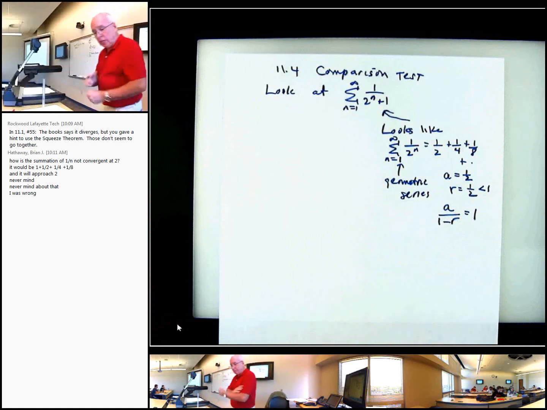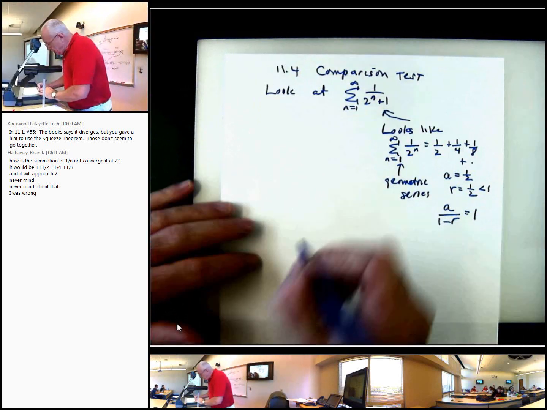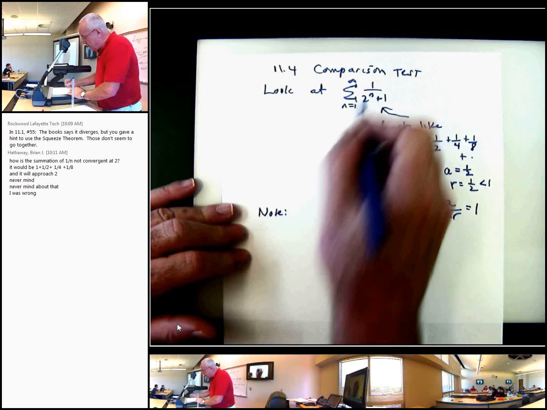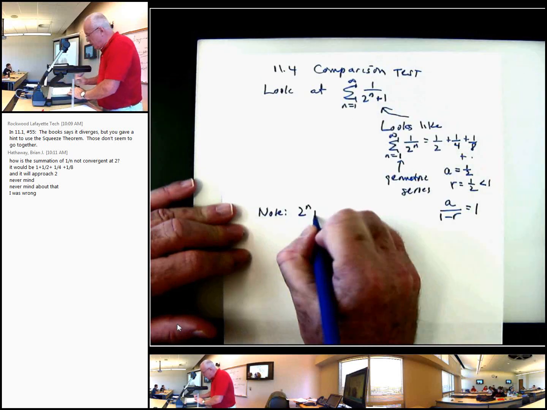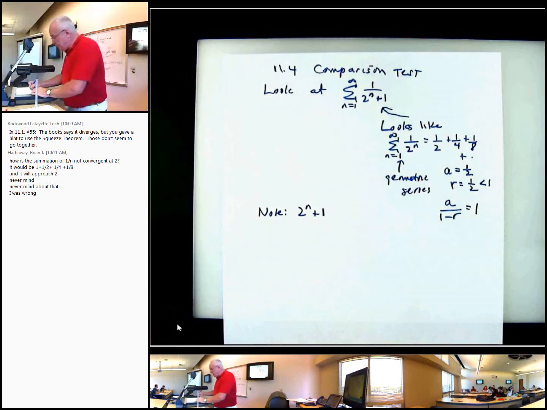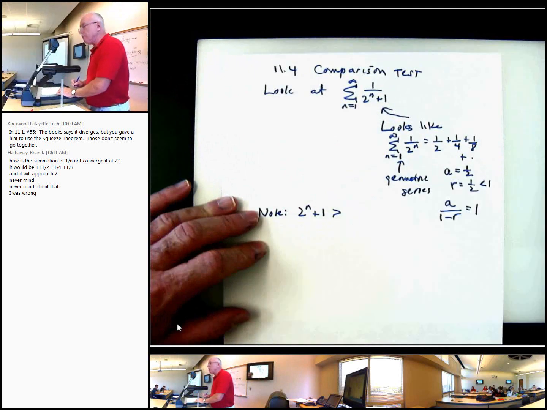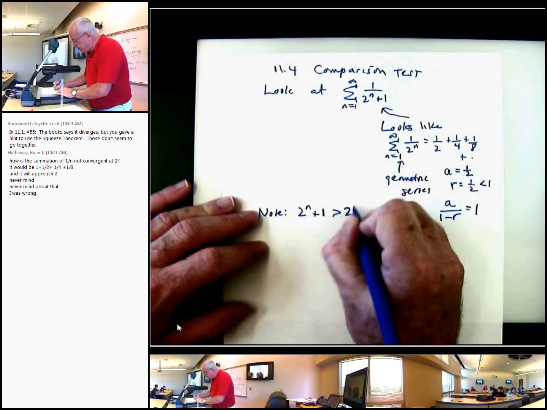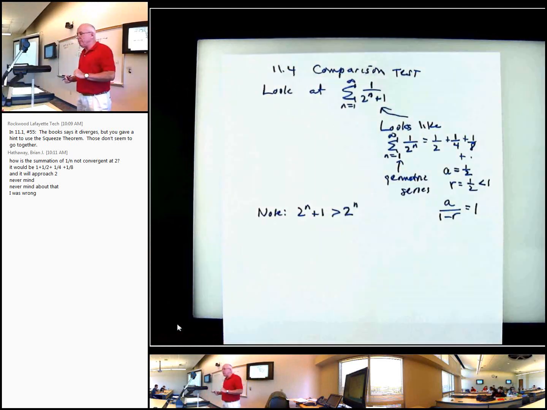All right. Now, let's note something here. The denominator, 2 to the n plus 1, that's bigger than the denominator of our convergent geometric series. It's 1 bigger than that.